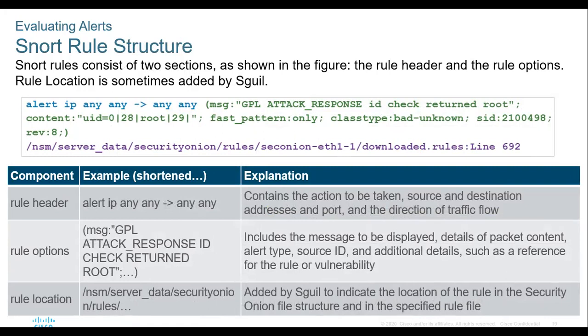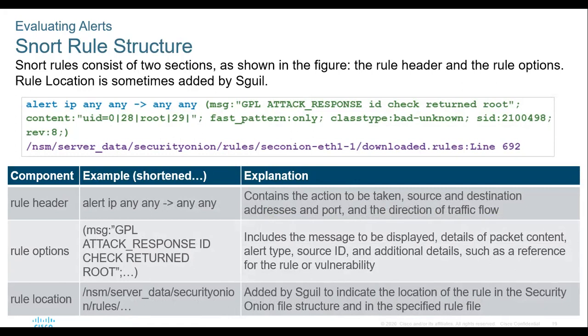Then how about the location of this rule? The location of this rule is within a file. The file name is downloaded.rules. If you want the location of that file, you go to NSM server underscore data security onion.